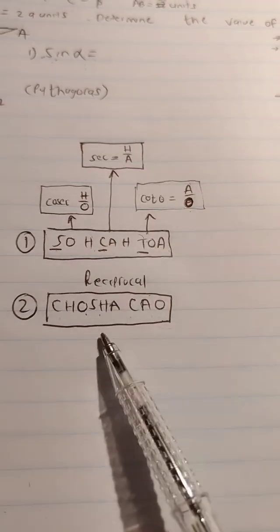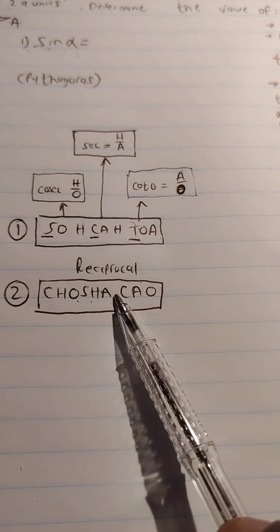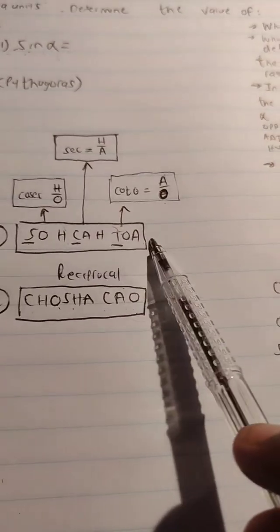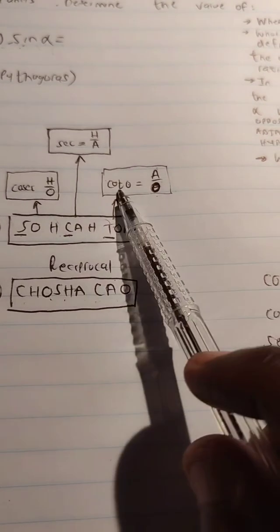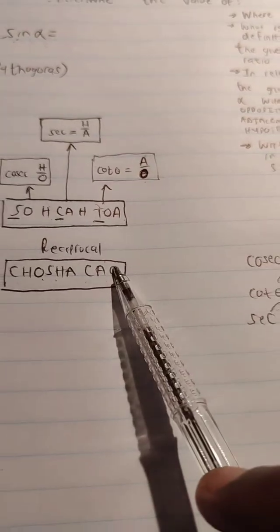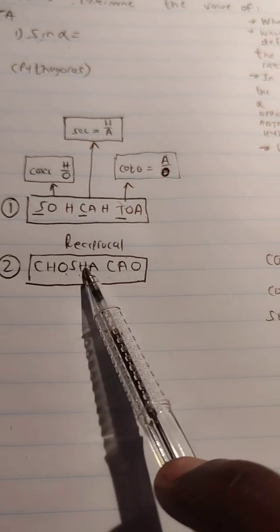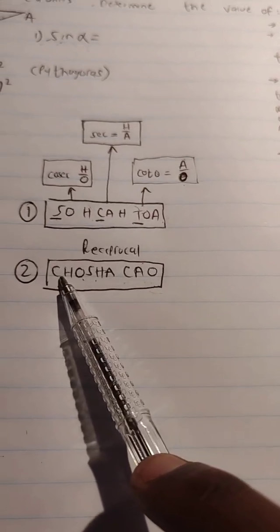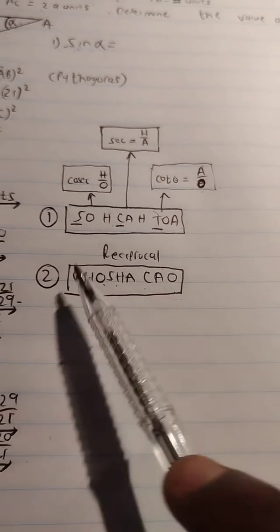Tan is opposite over adjacent, whereas cot, the reciprocal, is adjacent over opposite. Just remember this C stands for cosec, whereas this C stands for cot.